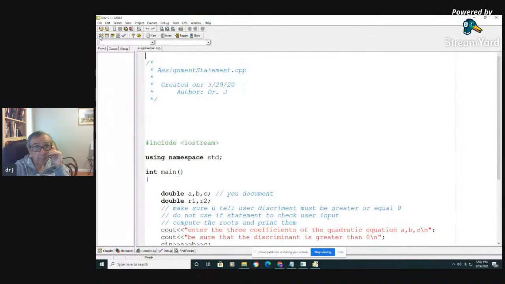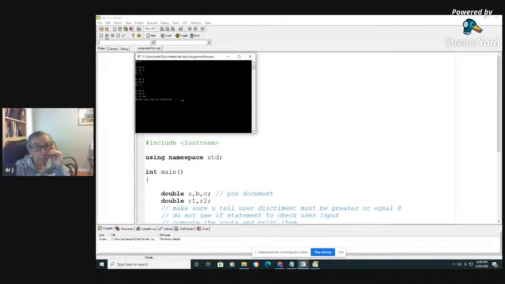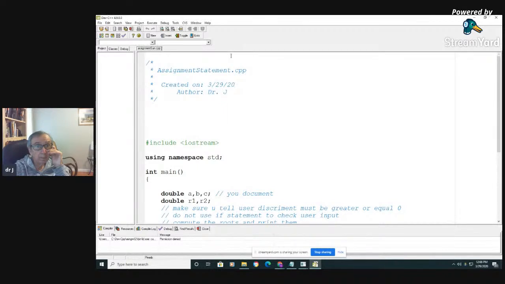Compile. Permission denied. I don't know. It's picking up the old one. Don't know why. Oh, this is .cpp. Yeah, that's right. Don't know.